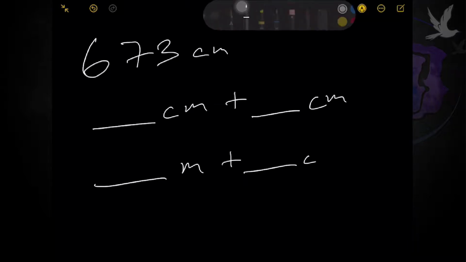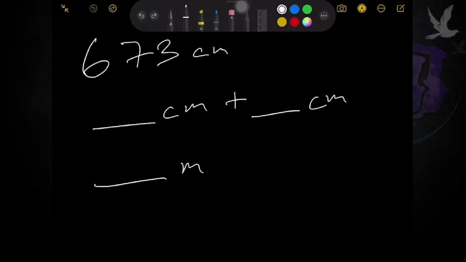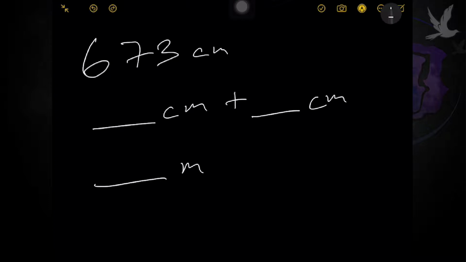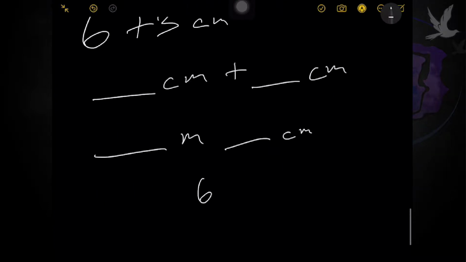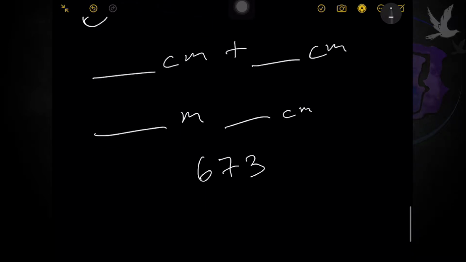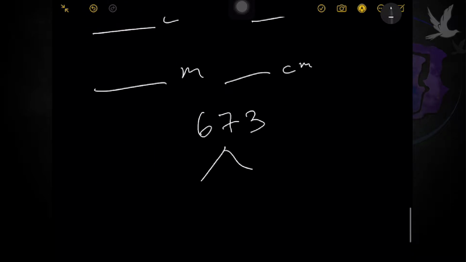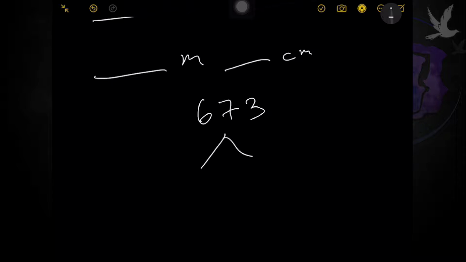I don't need to write the plus pala. Okay. Then again, 673, take that and break them down into hundreds and whatever is left. 673. Taking away the 100s, that's 600, and what's left is 73.